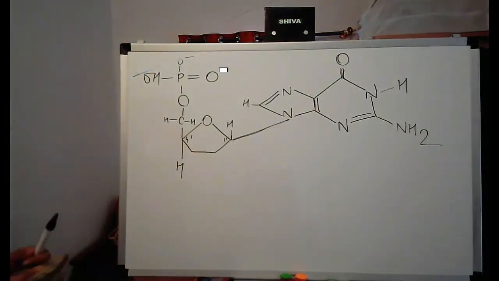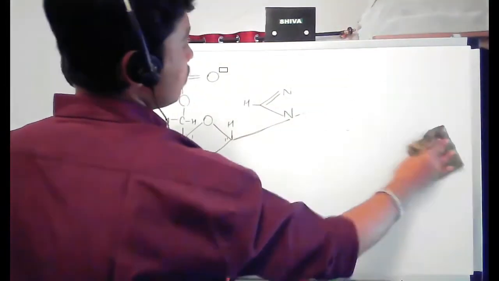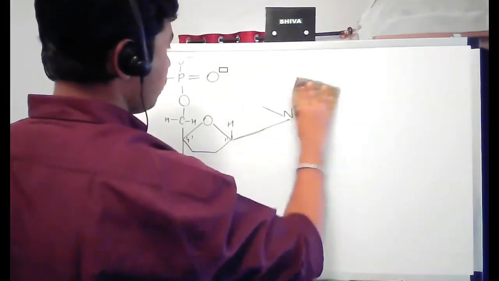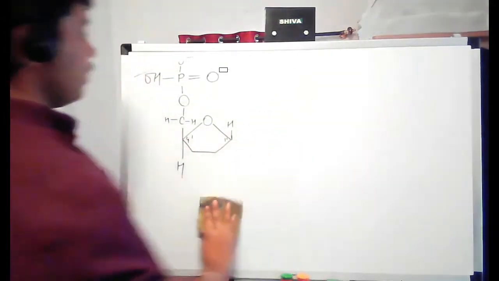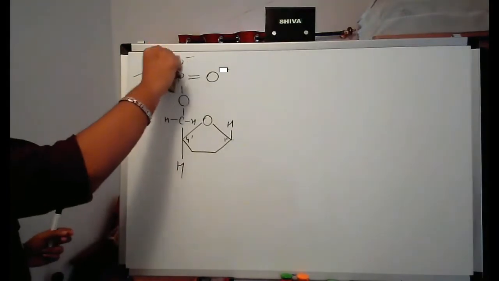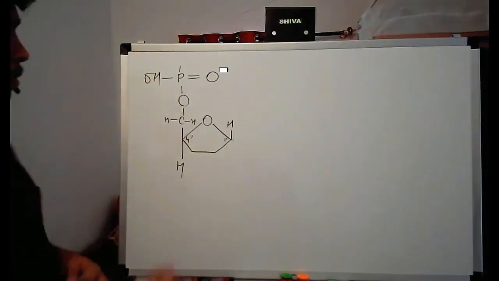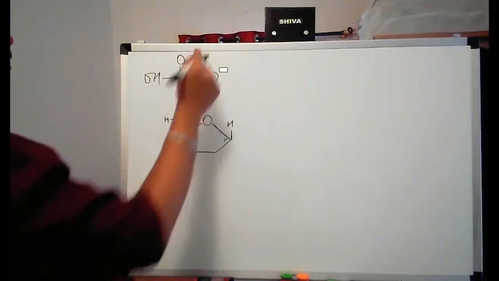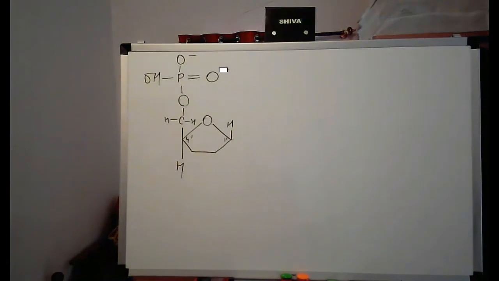Now we are drawing the other part, the pyrimidine part. Let's focus there. Same thing will happen for pyrimidine, but the structure would be a bit different in the sense that there will be only one cyclic structure.